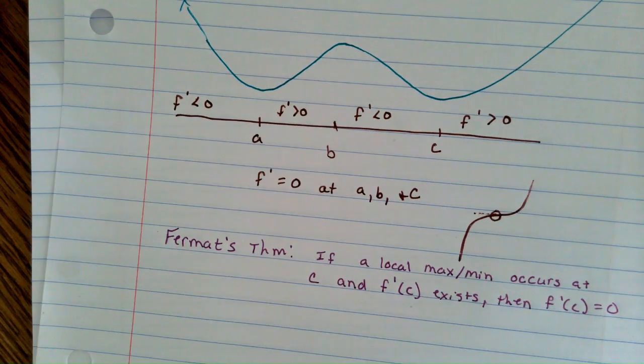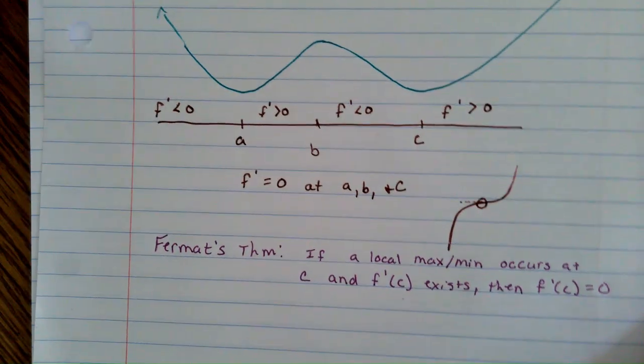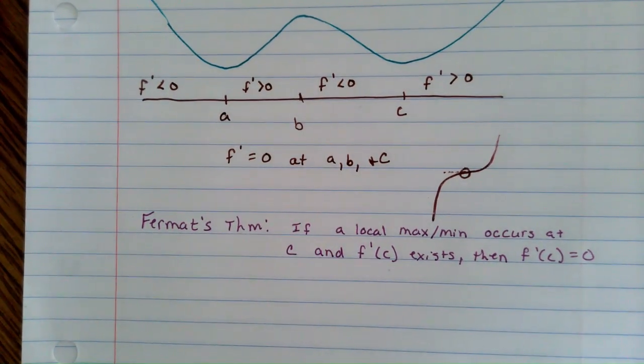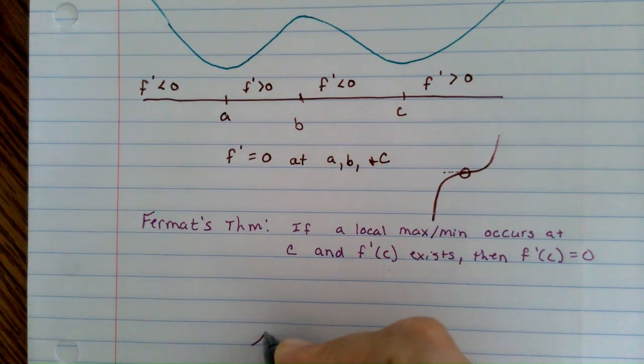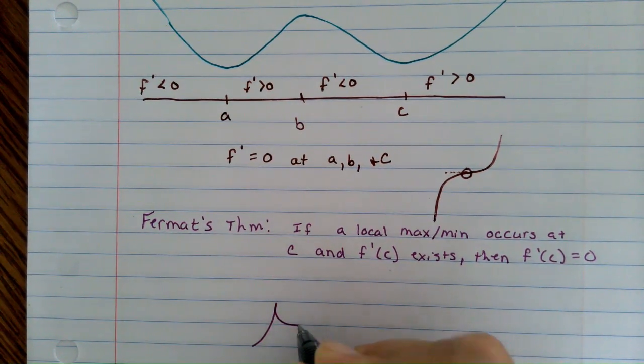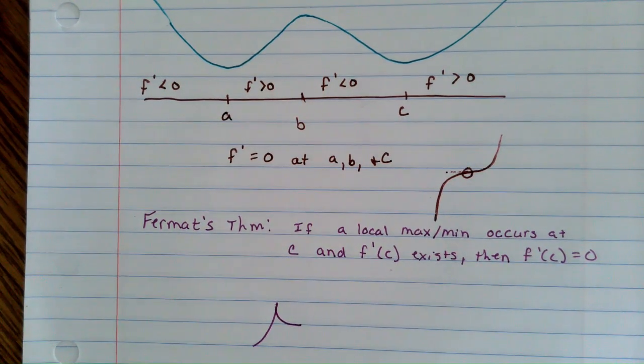Which, I mean, that makes sense because you have to hit a 0 slope to switch between positive and negative. However, it is really important to note that the derivative at c has to exist. Because, remember, derivatives have to happen on smooth continuous curves. So if it's a cusp like this, then the derivative at c does not exist, and Fermat's theorem isn't a guarantee. Okay?